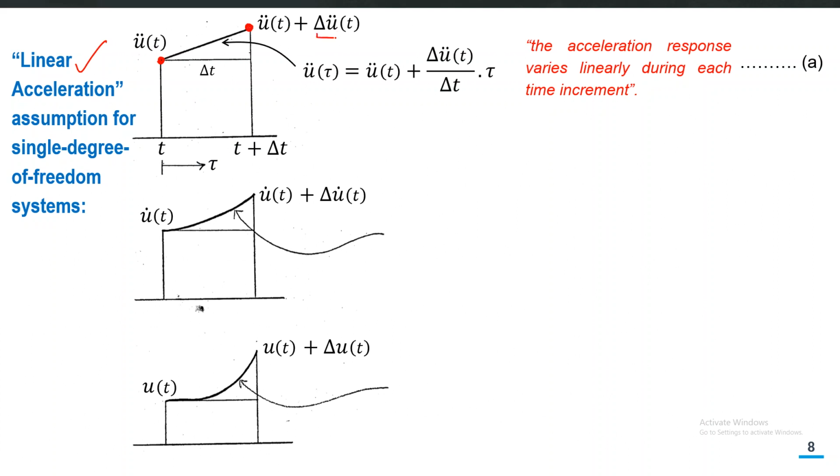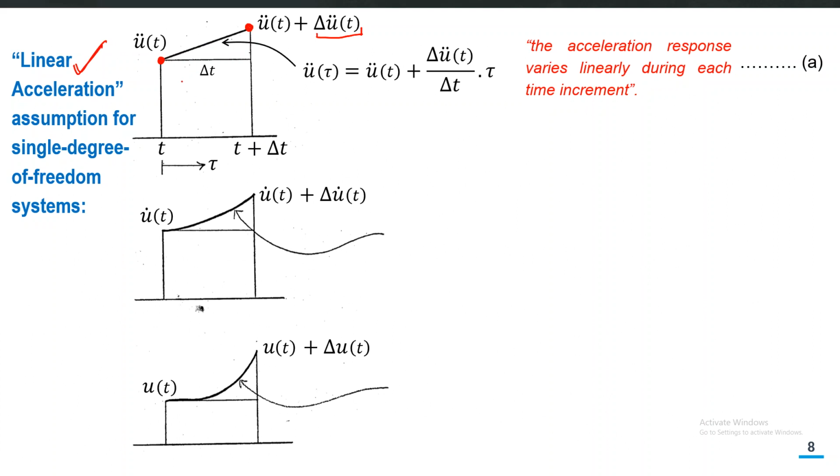So this is the increment in the acceleration between t and t plus delta t. We assume that the variation of the structural acceleration between t and t plus delta t is linear. This is called the linear acceleration assumption.